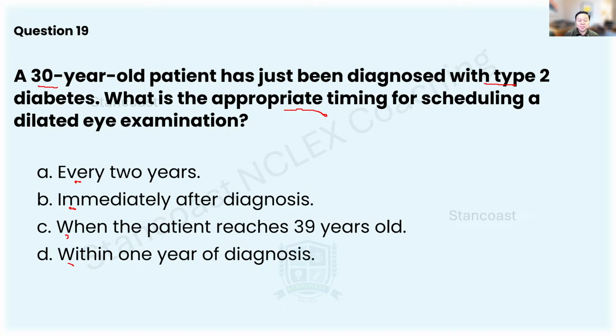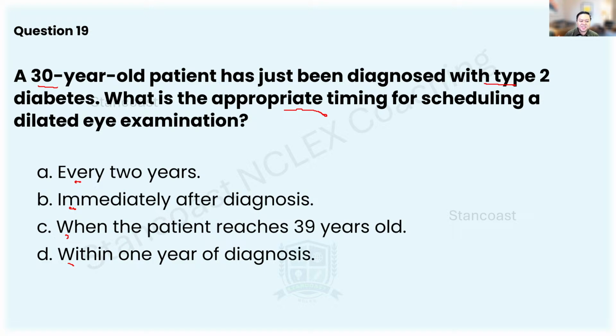If you answered letter D, within 1 year of diagnosis, that's probably maybe another option, but it would not really detect any existing or ongoing issue with their eyes.